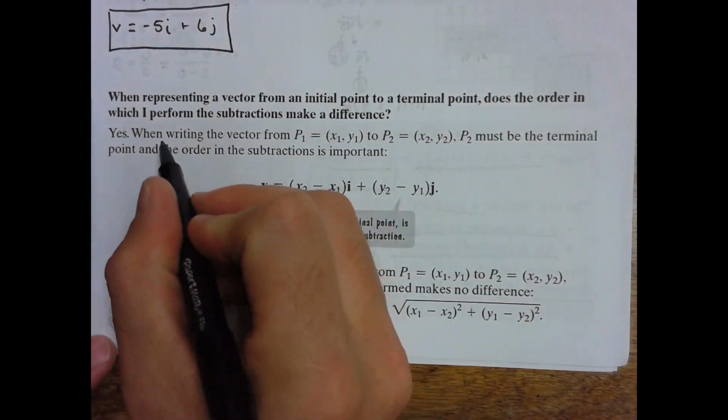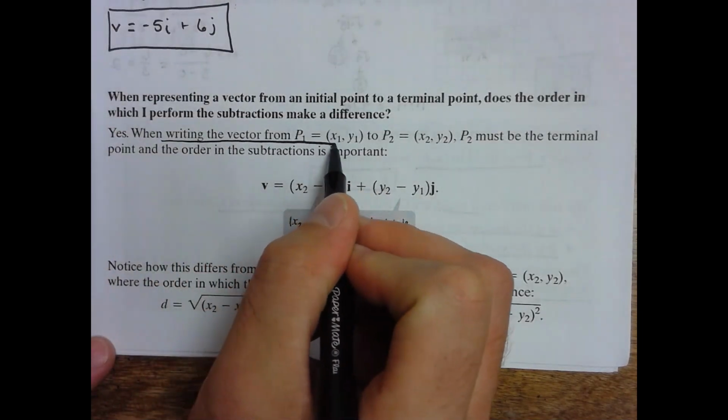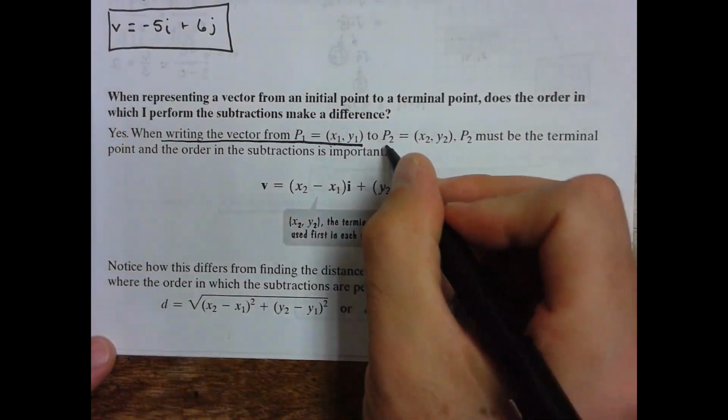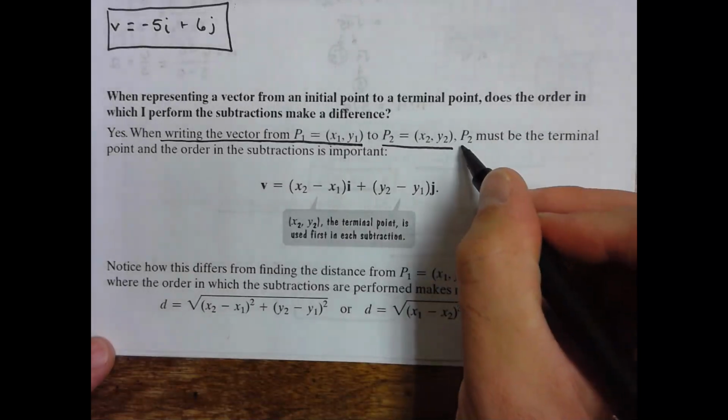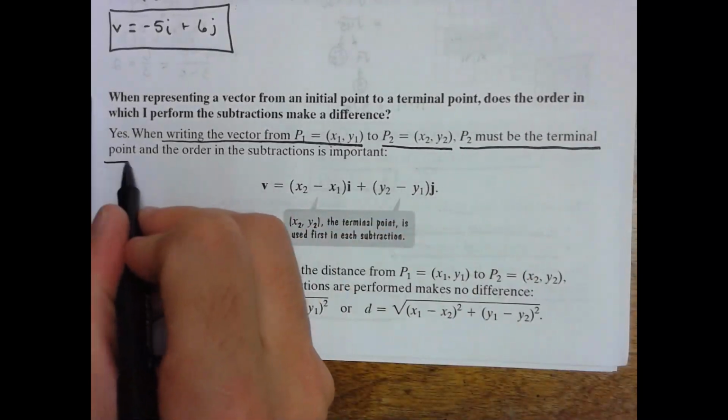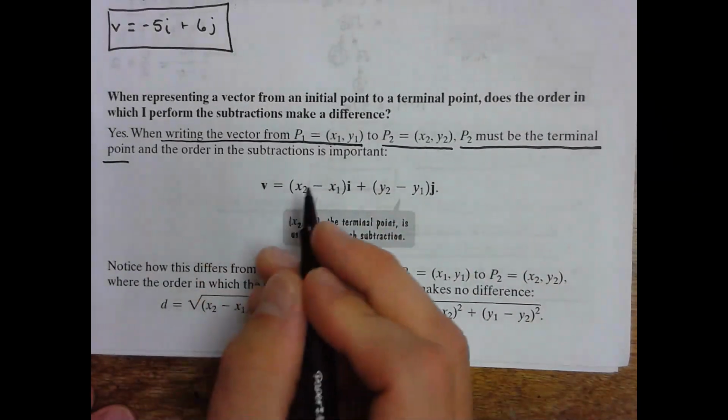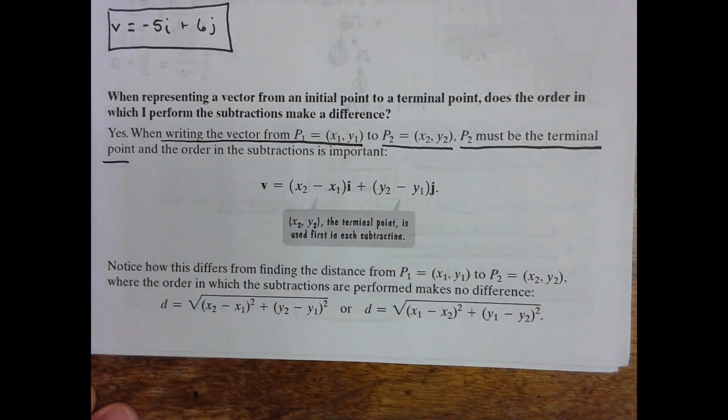When writing a vector from point 1, where we have x1, y1, to point 2, where we have x2, y2, point 2 must be the terminal point. The order in the subtractions is important. Otherwise, the direction component of your vector is completely off. It basically just makes it negative, or if it was negative, it ends up making it positive. So really important that if we're given 2 points, point 2 needs to be the terminal side of the vector.